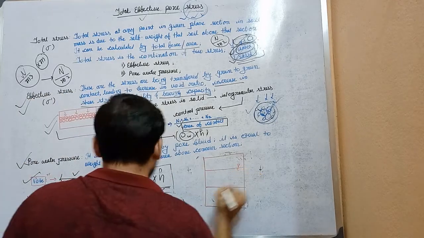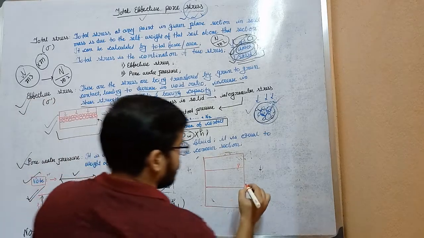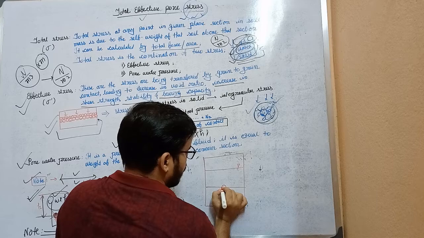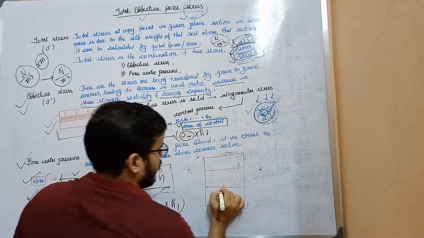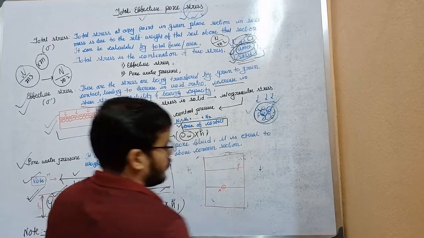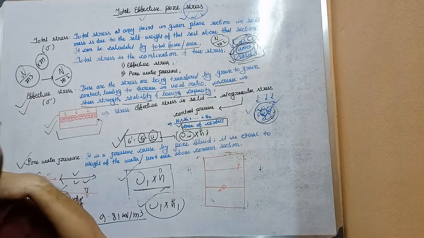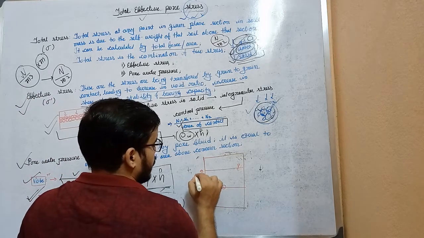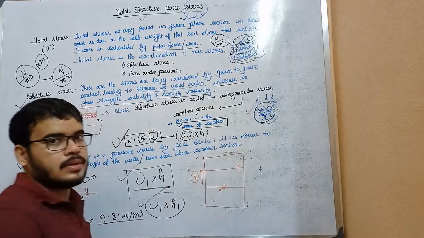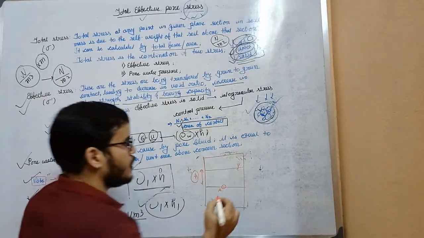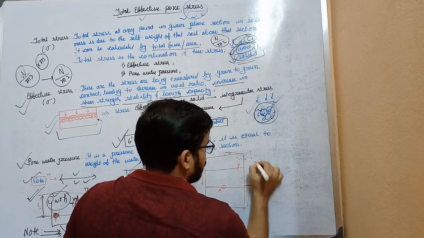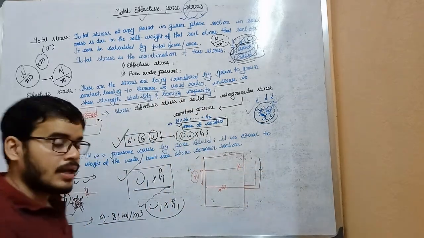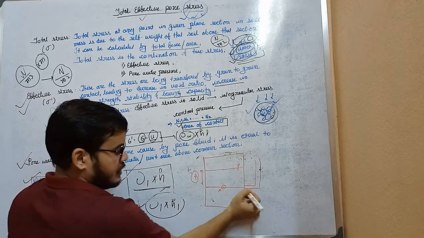Here is the water table, and a piezometer is inserted. I have told you to get the pore water pressure at this point. Actually it is quite impossible to get the exact height of the water table below ground level. So what we generally do is insert a piezometer, a tube like this.